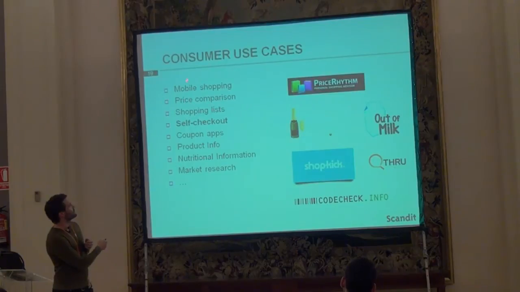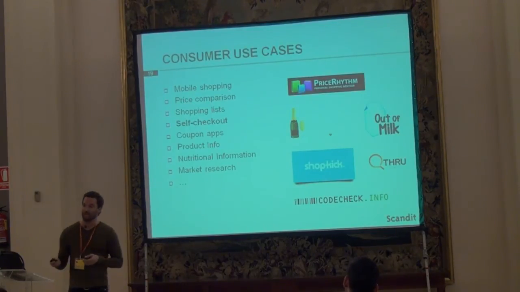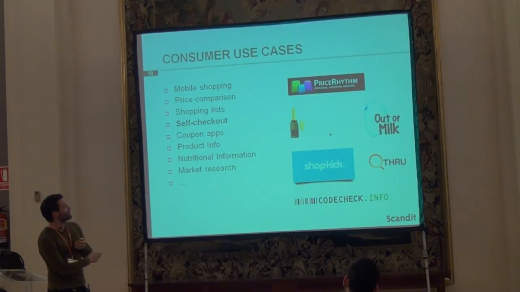There are a lot of mobile shopping apps out there, retailers that build apps that want to engage consumers in the store. We have price comparison, a very popular vertical, shopping lists, self-checkout, coupon applications, product information, nutritional information, market research, etc. These are examples of such applications that use our scanning technology today.